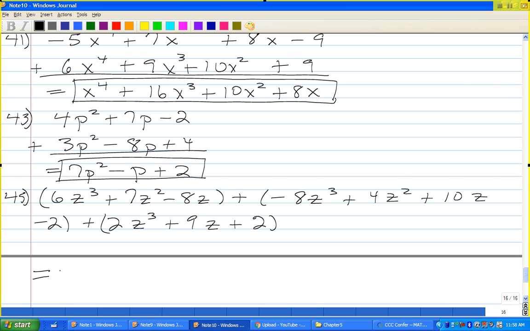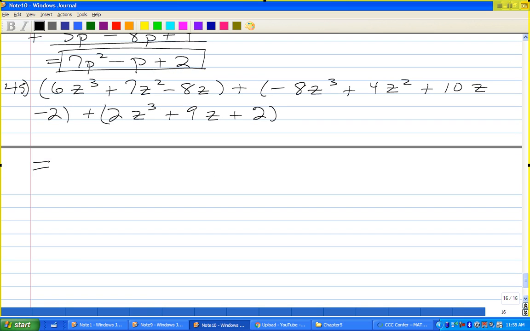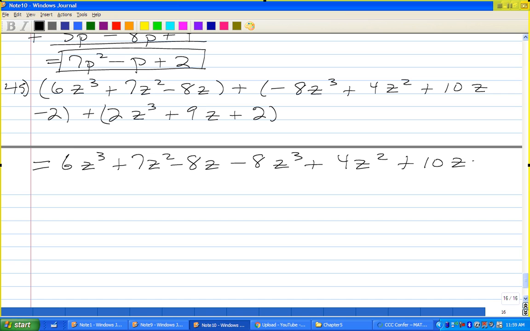Get rid of all the parentheses. 6z cubed, 7z squared, minus 8z, minus 8z cubed, plus 4z squared, plus 10z, minus 2, plus 2z cubed, plus 9z, plus 2.